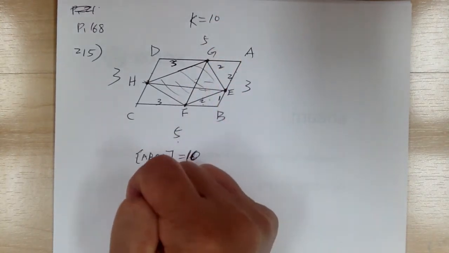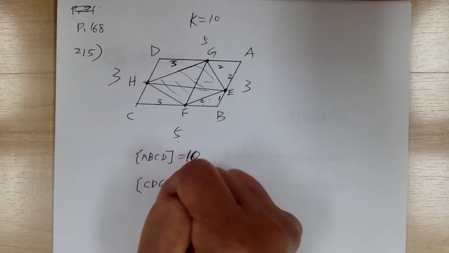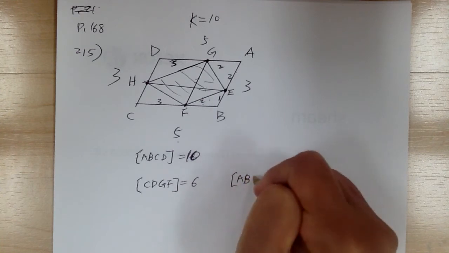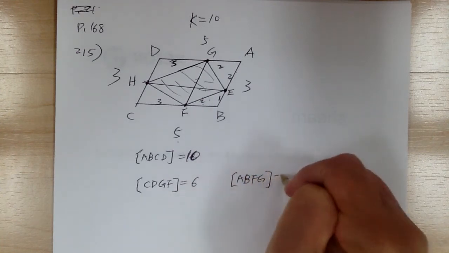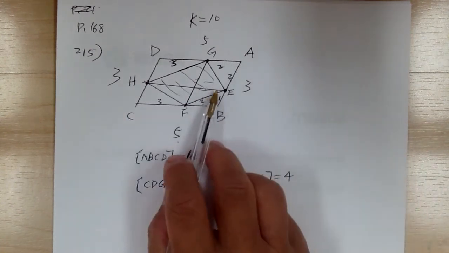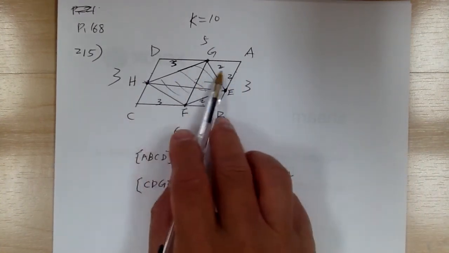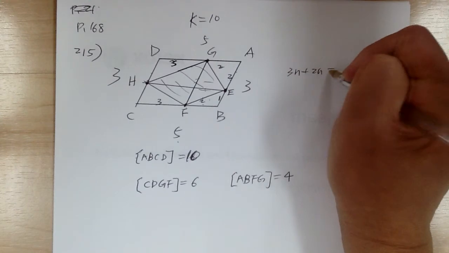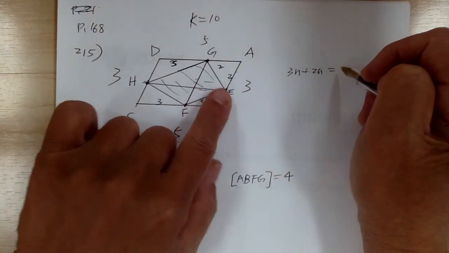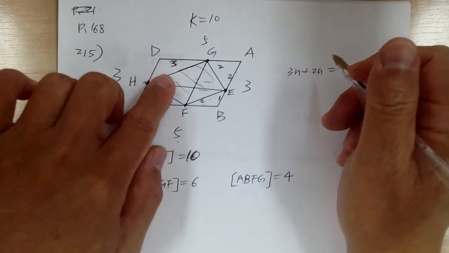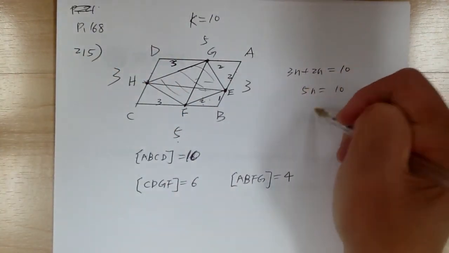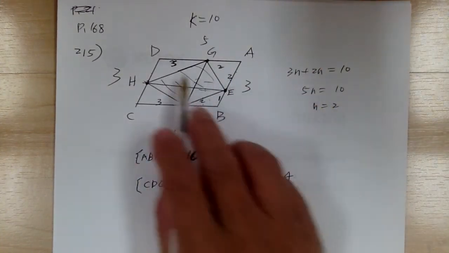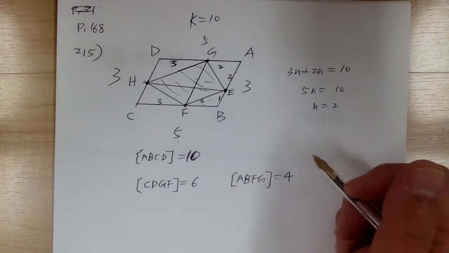So the area of CDGF is going to equal 6, and ABFG is equal to 4, because they have the same height and the ratio is 2 to 3. You can also put 3n plus 2n equal to 10, so 5n equal to 10, so n equals 2. Multiply by 2, you get 4. Multiply 3 by 2, you get 6. So that's the area.